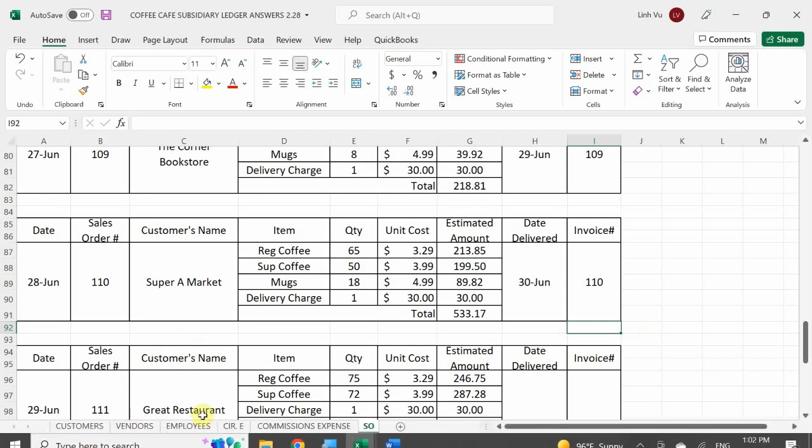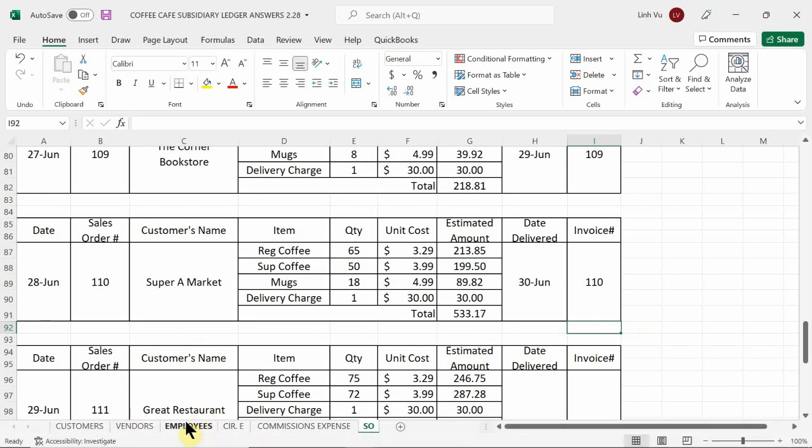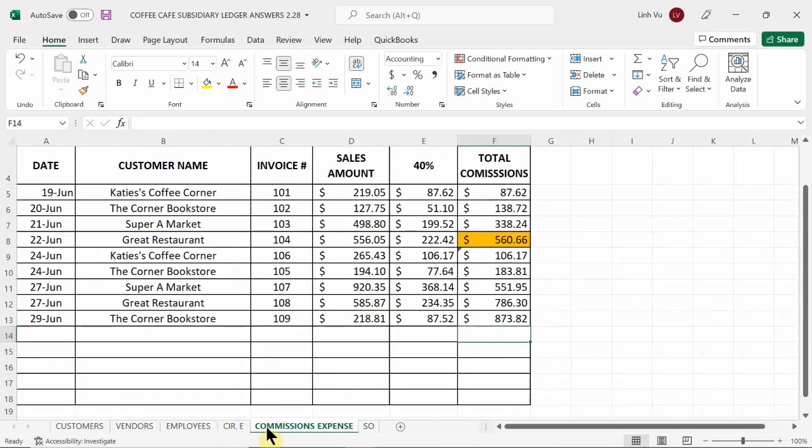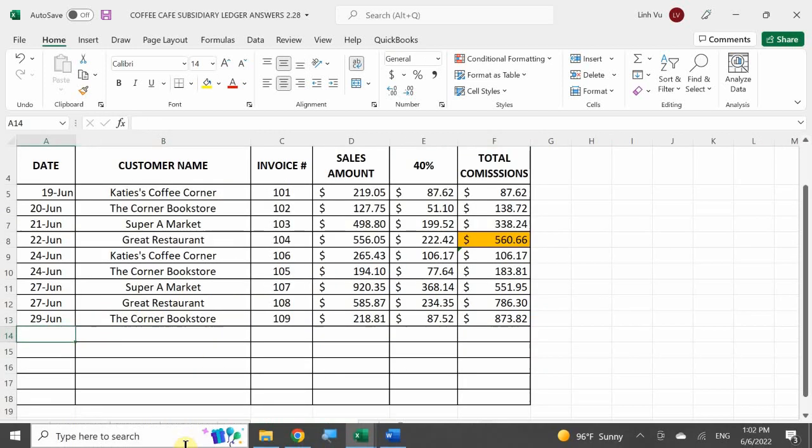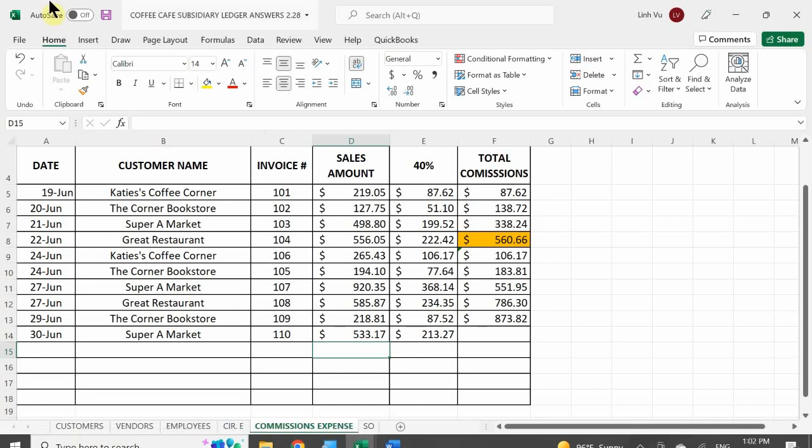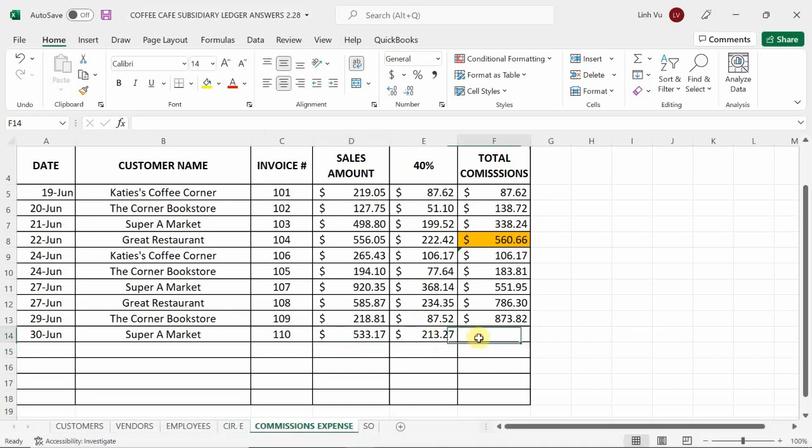That means we can also calculate how much commissions Albert has earned for this order. For $533.17, 40% of that is $213.27. So far, Albert has earned a grand total of $1,087.09.